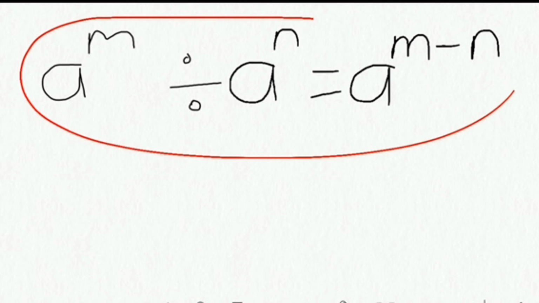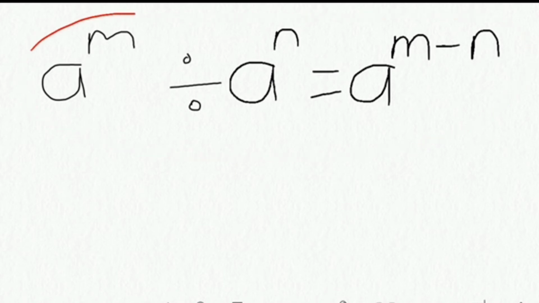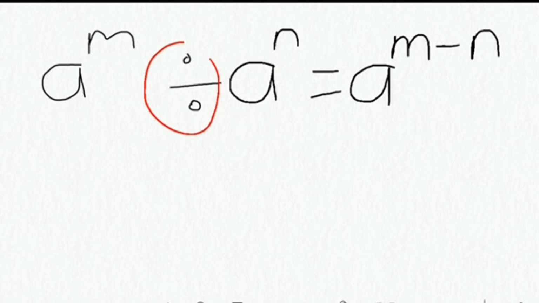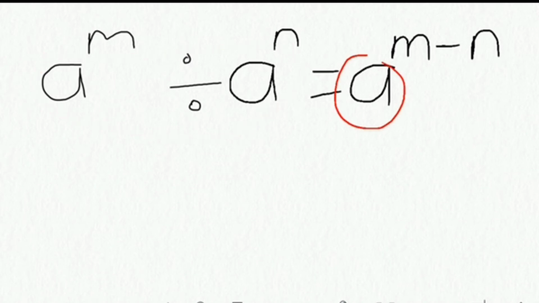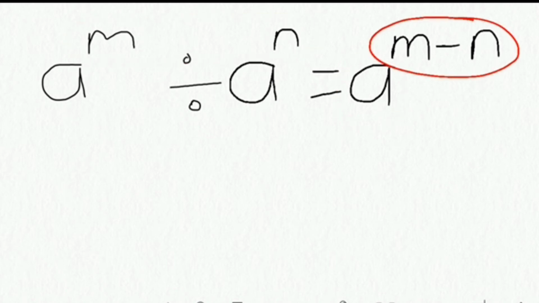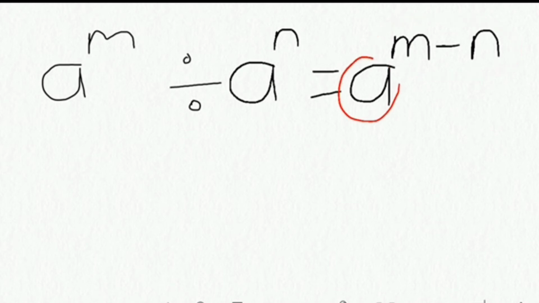This rule says that if you find numbers in this form dividing each other, and the bases are the same, and there's a division sign, note that this time there's no multiplication sign, this is a division sign, and the bases are the same, you must only write one base, and then you subtract the indices: a to the power m minus n.